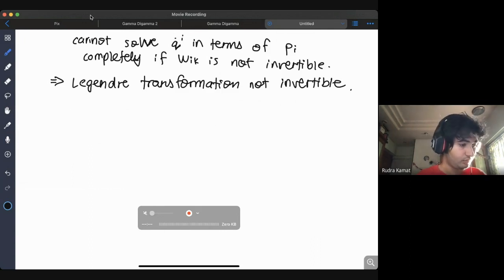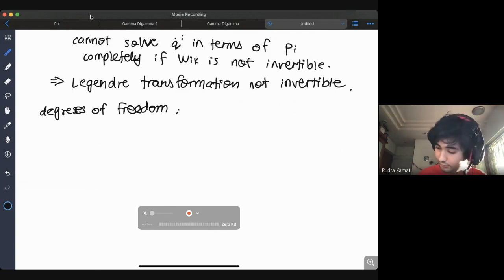So let me elaborate on this further. Let's say that there are n degrees of freedom, denoted by the dimension of this matrix. Call it n.